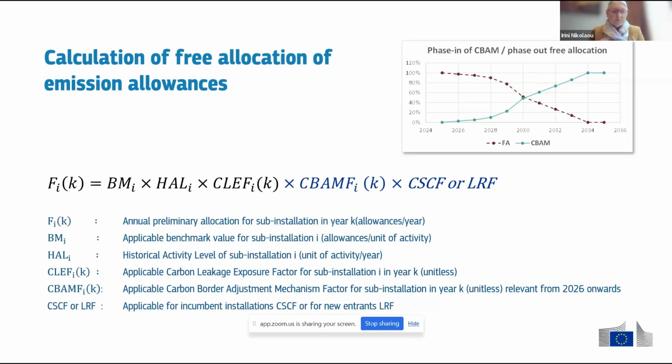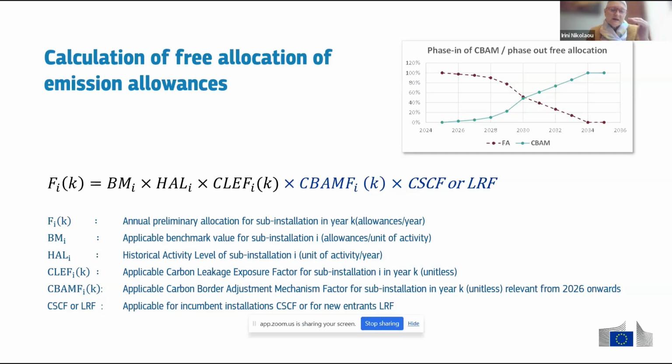This is something important because in some discussions I heard that there is a gap: while installations that produce CBAM products receive free allocation, the importers have to pay for the CBAM. No, it is not exactly this. Be careful.